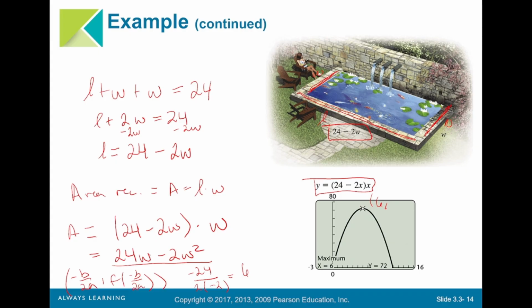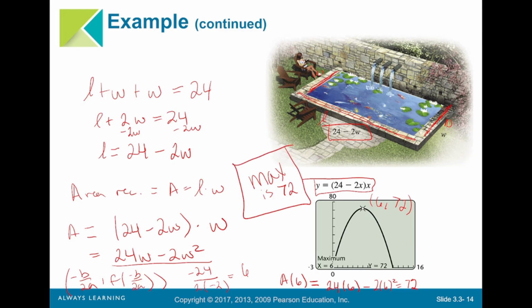Again, assuming we don't have the graph, we look at A of 6, which is 24 times 6 minus 2 times 6 squared, which is, in fact, 72. So we know our vertex sits at 6, 72. That is to say our maximum is 72.